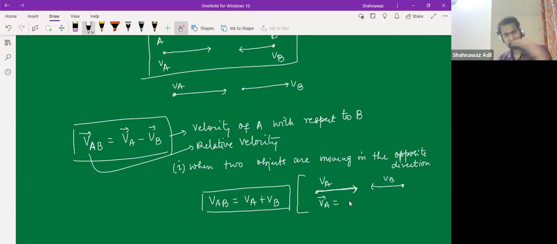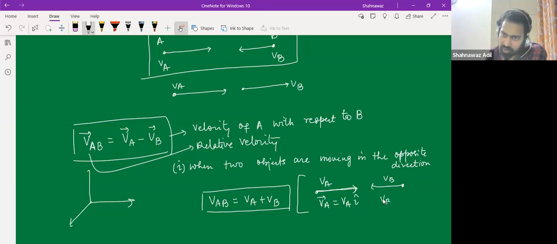So we are moving in this direction. Remember, this is what direction? So magnitude is given V_A, and what is this direction? Yes, Akib, Rishita, Amna, what is this direction? Positive. So this is i cap. So this is V_A i cap.